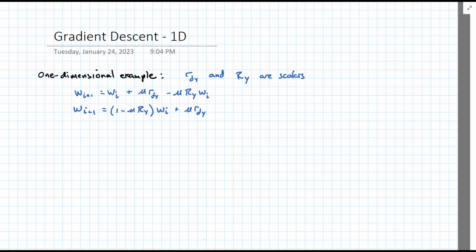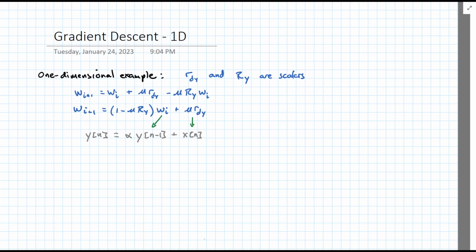Now this looks a lot like a linear filter, a recursive filter that we may have seen in other DSP classes. In this example, our mu rdy acts like an input. It's actually a constant input.